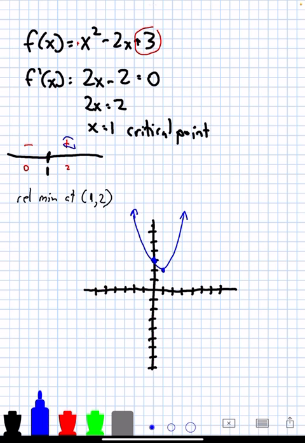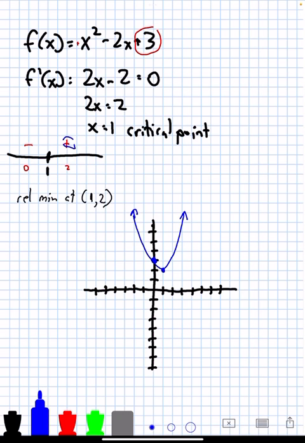And it's especially useful when we have higher order polynomials like x to the 5th or x to the 4th. So we can generally use those points and use those critical points to see where our function is increasing, where it is decreasing, and things like that.